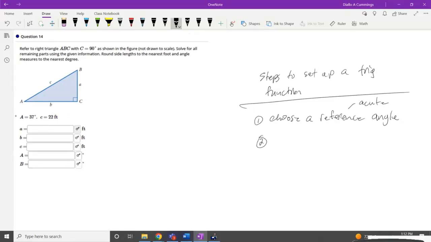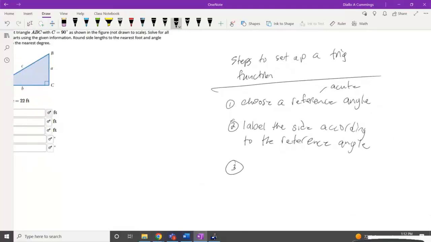The second thing we're going to do is label the sides according to the reference angle. So what do I mean by labeling the sides? Well, we're going to have to label one side the hypotenuse. We got to label one side the adjacent. We got to label the other side the opposite, and then we can use the Chief Sakatoa to navigate through, right, once we've labeled our sides.